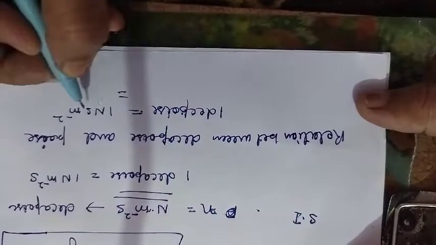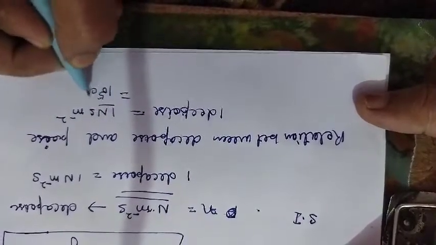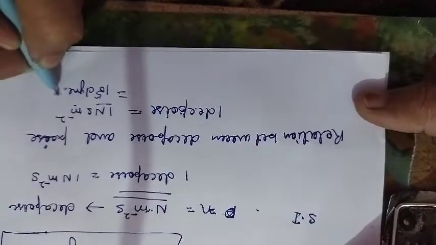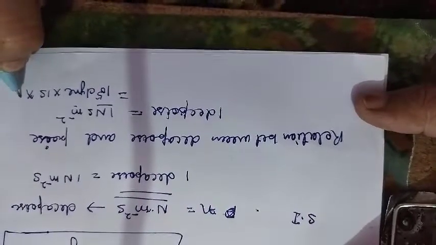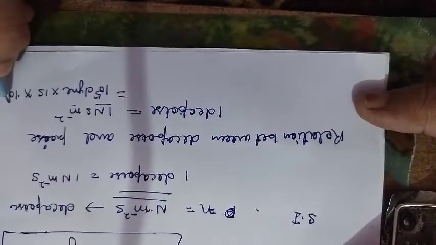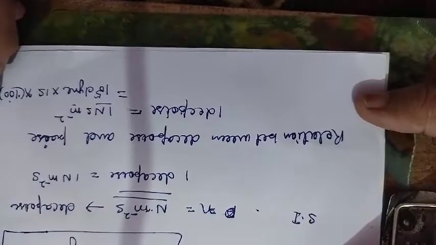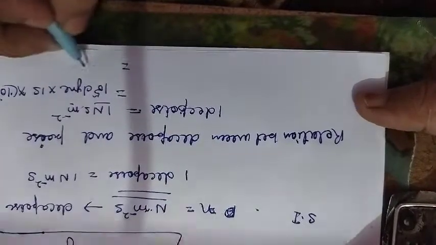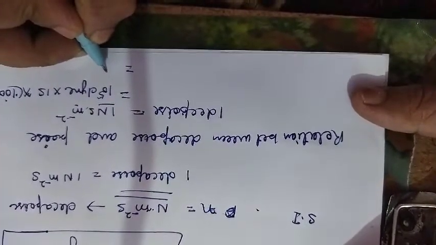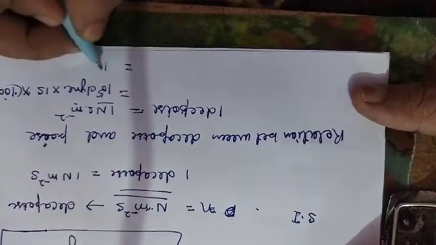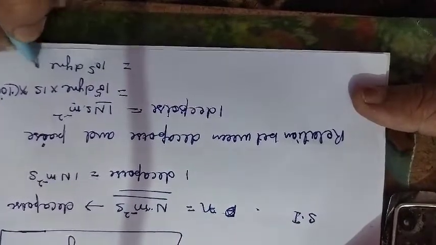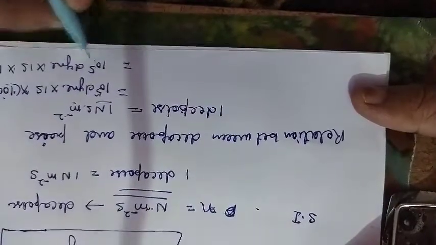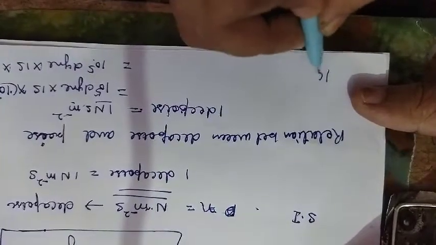Here 1 Newton is equal to 10 raised to power 5 dyne, 1 second is 1 second, and 1 meter is 100 centimeter, so 100 squared, power minus 2. So this is equal to 10 raised to power 5 dyne into 1 second into 10 raised to power minus 4.